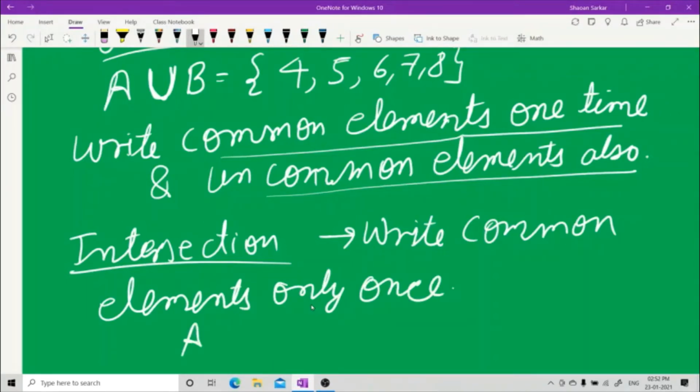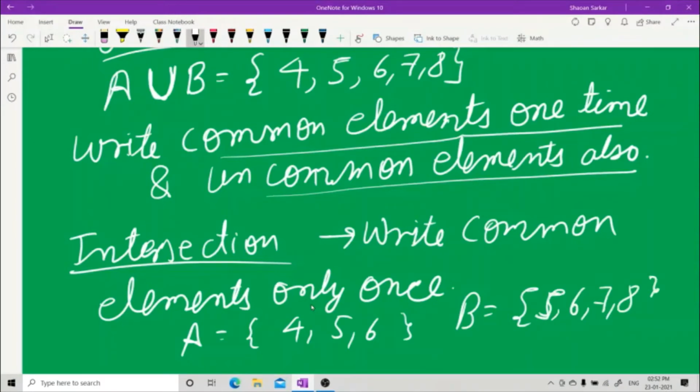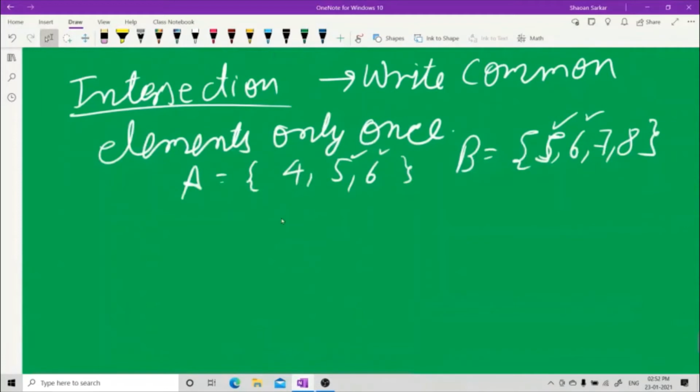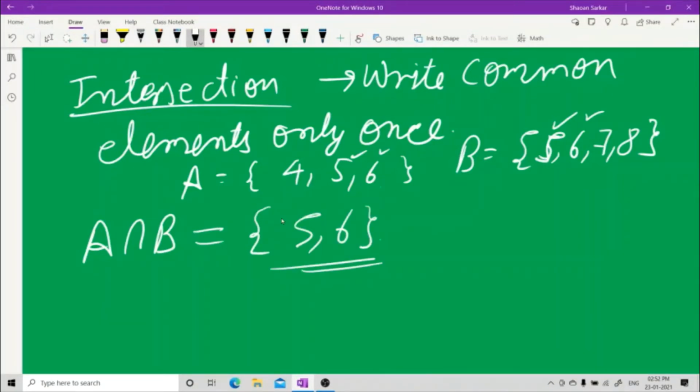For example, I had A equal to {4, 5, 6}, and let me take B equal to {5, 6, 7, 8}. Now the common ones are this and this, and it is denoted by A intersection B, the common elements. So this will have only the common elements 5 and 6. That's all. You got 5 and 6 as common.